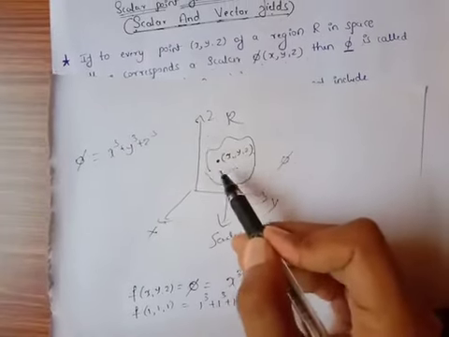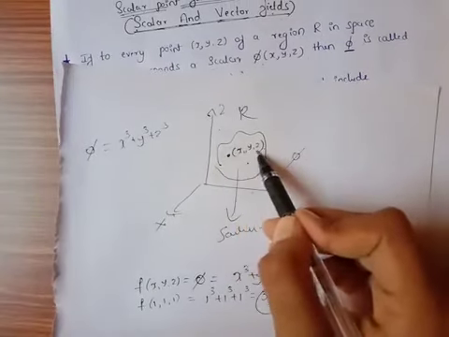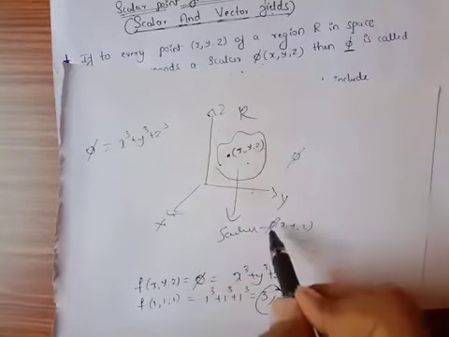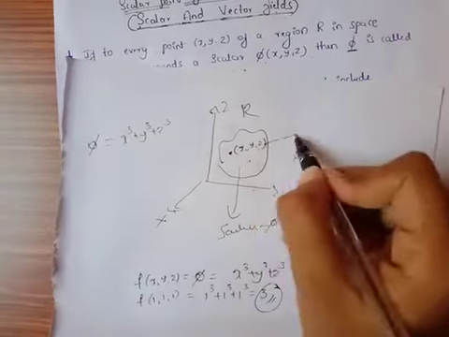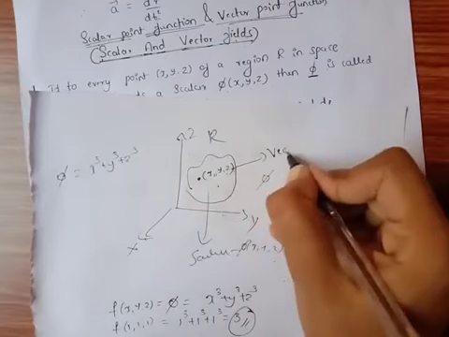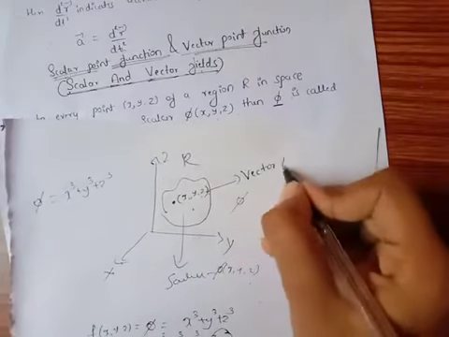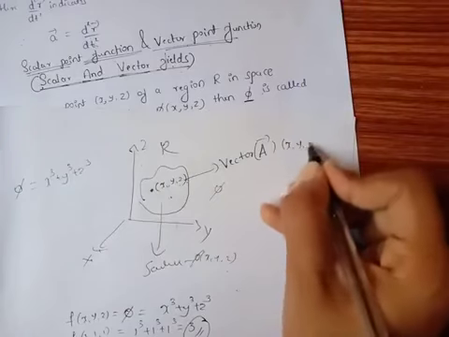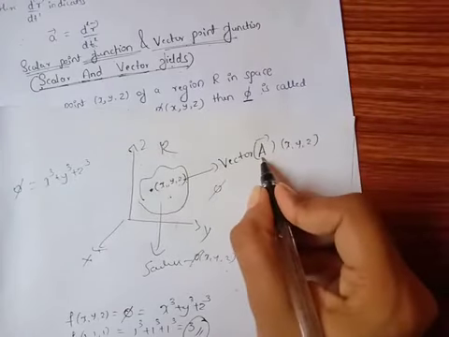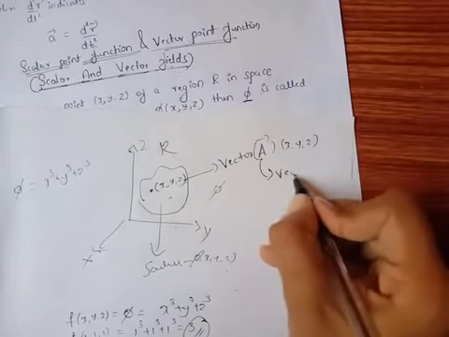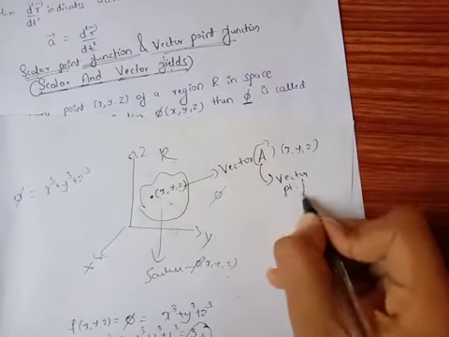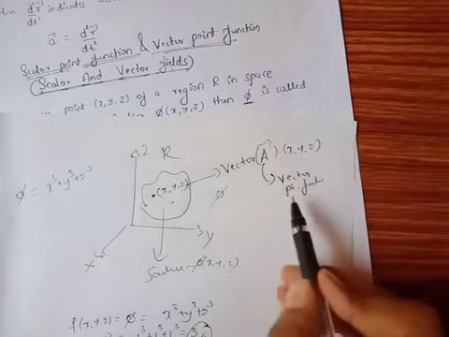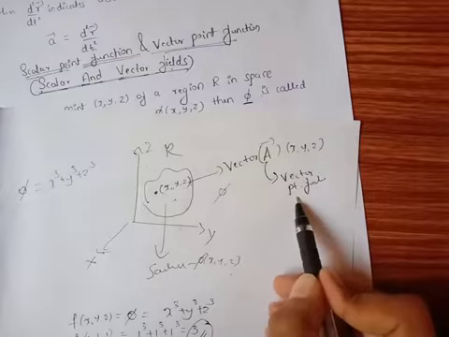If to every point x, y, z of the region R there corresponds a vector A of x, y, z, then this vector A is called a vector point function.